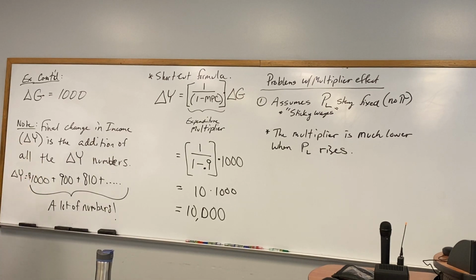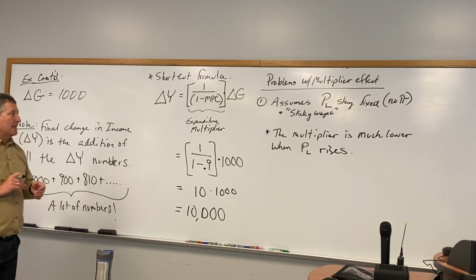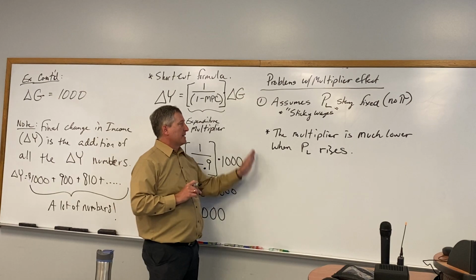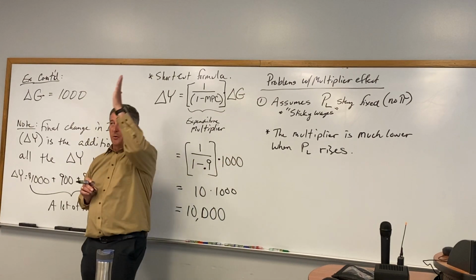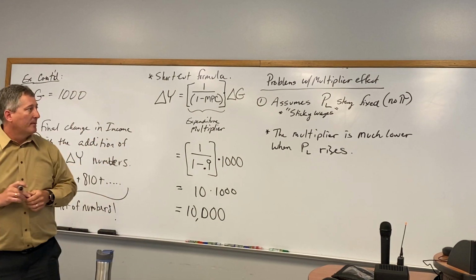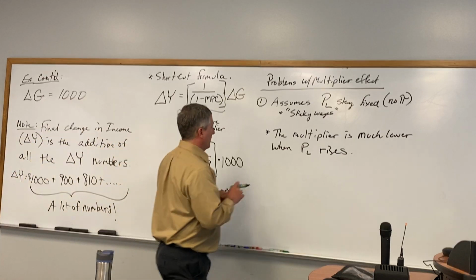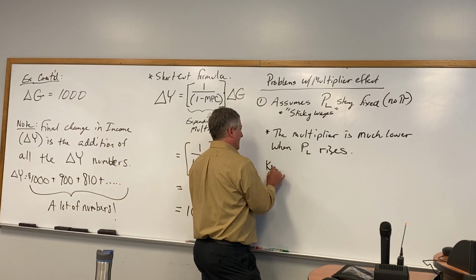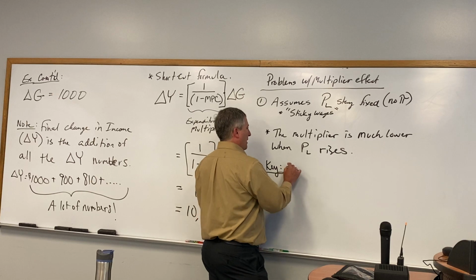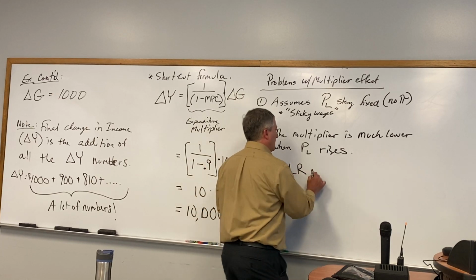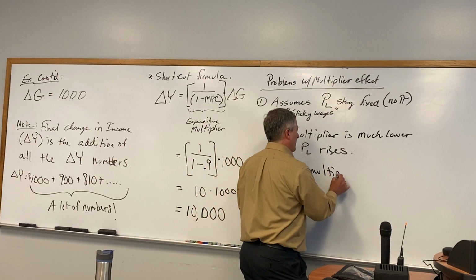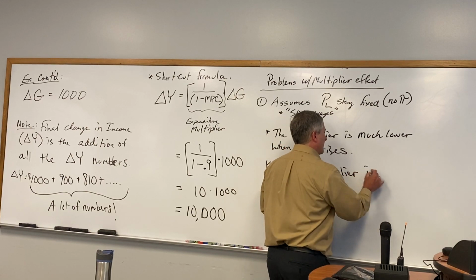And in fact, the price level itself will eventually correct itself in the long run back to where our full employment level was. And so the long run multiplier, and this is kind of the key point, the long run multiplier is 0.